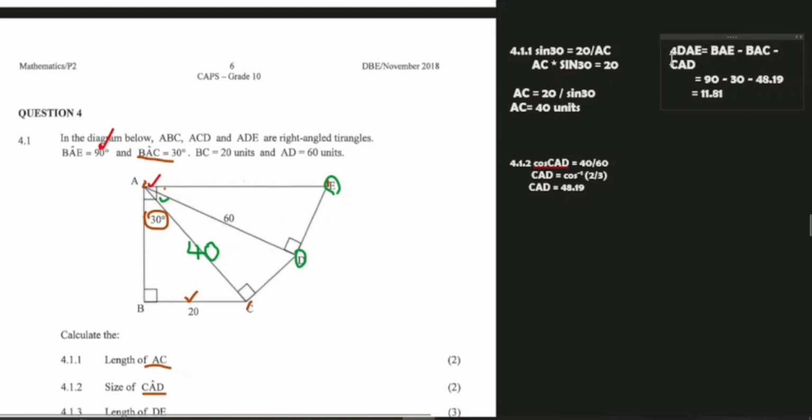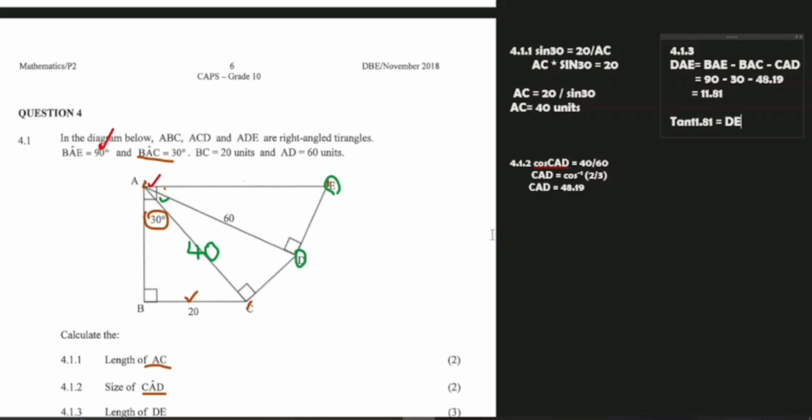This is for question 4.1.3, part 2. Then you say, okay, we have the adjacent side to the angle that's been given to us, and we are looking for the opposite side. So according to the trig ratios, what ratio should we use? Tan. So you're going to write tan 11.81 is equal to opposite over adjacent.